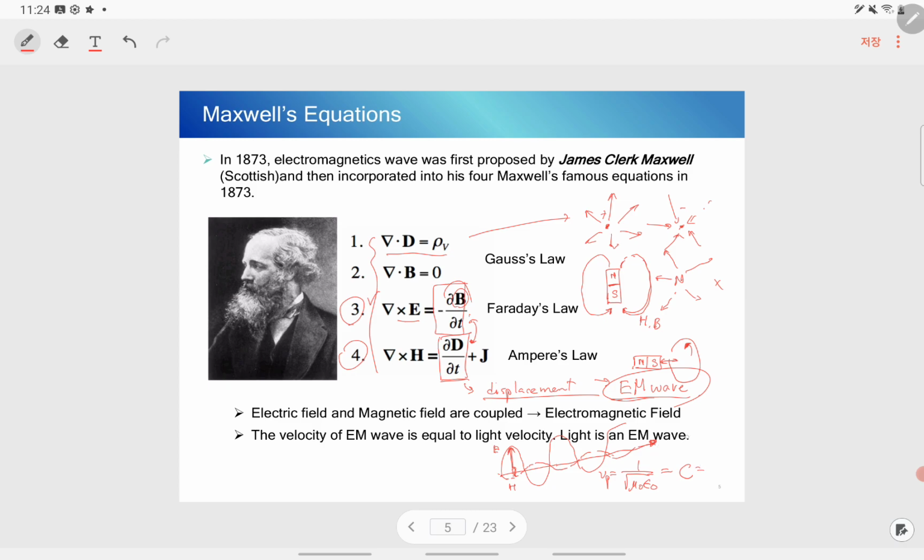So he found that this electromagnetic wave, with electric and magnetic fields, propagates at the speed of light, and he concluded that light is also an electromagnetic wave.